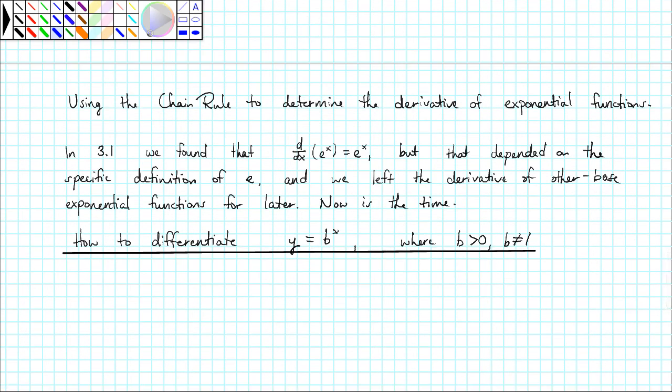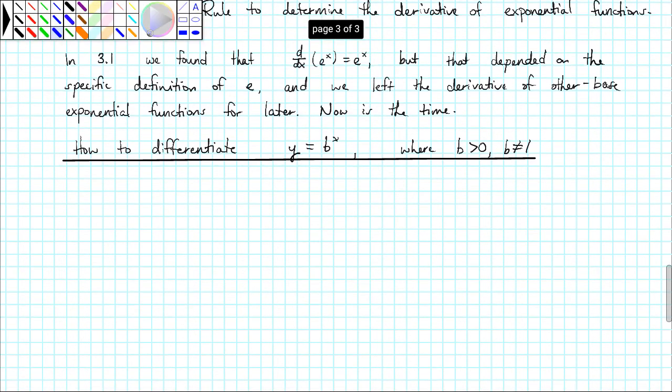Back in section 3.1, we saw that the derivative of exponential base e is itself. That really depended on the specific definition of that number e, and we left the derivative of the other base exponential functions for later. Now we're going to do that, and we are going to use the chain rule. The key is to notice that you can change the base of any exponential function to any base you want, in particular, to e.